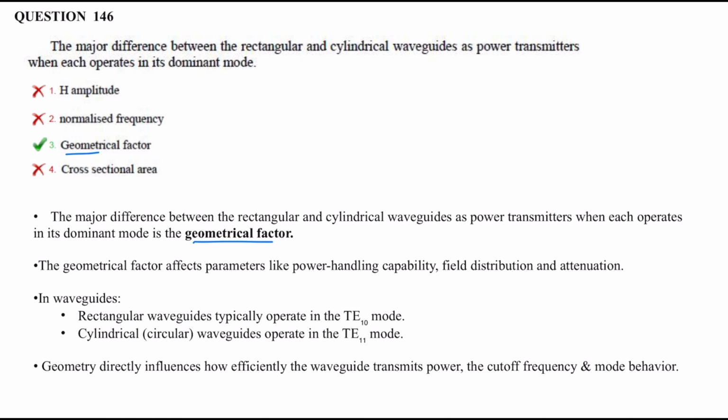Rectangular waveguides typically operate at TE10 mode, whereas cylindrical waveguides operate at TE11 mode. This geometry directly influences how efficiently the waveguide transmits power, the cutoff frequency, and mode behavior.